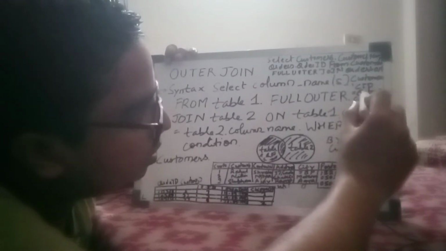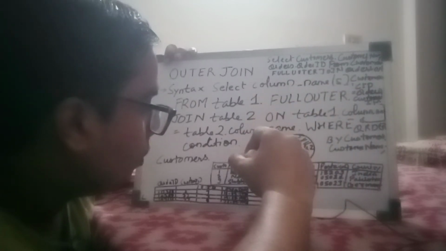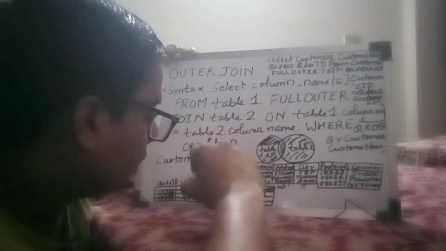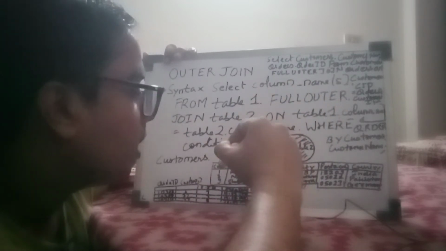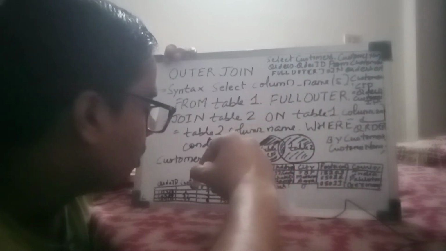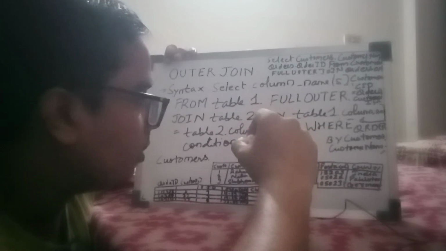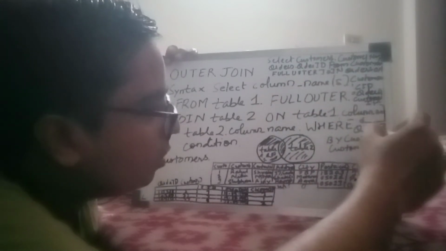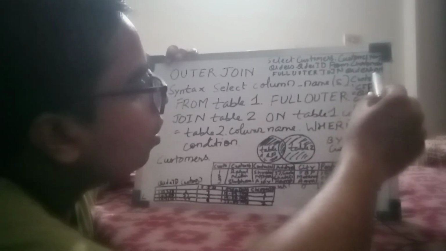So if you apply this condition on both these tables, since there is only one matching row with the customer ID in both the tables, that is 2, that row will be selected, that customer's name and order ID would be selected, and along with that, for those which do not have matching rows, null values would be displayed, which do not satisfy the given condition, that is customers dot customer ID equals orders dot customer ID.